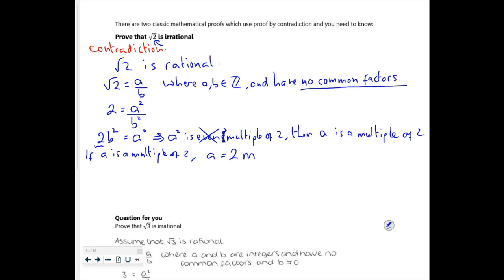So if a is 2 lots of something else, then 2b squared is 2m all squared, just subbing the a in 2m to there. So 2b squared is 4m squared. So b squared is 2m squared. So here's my thing now. b squared is a multiple of 2.